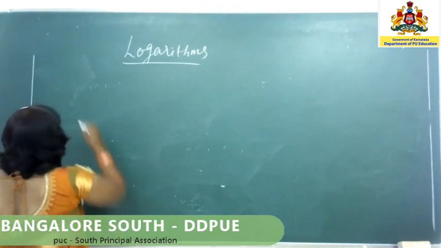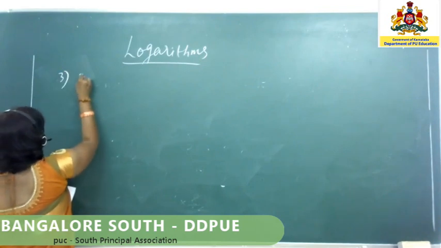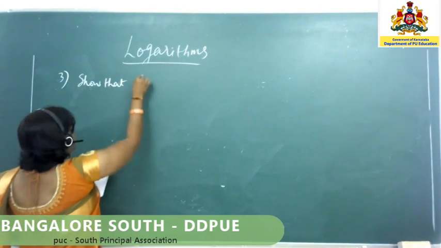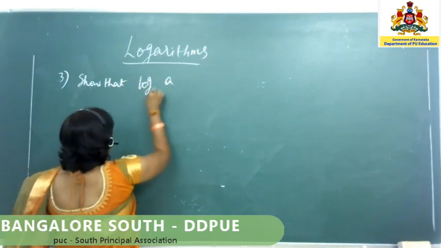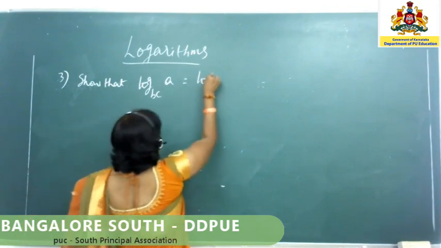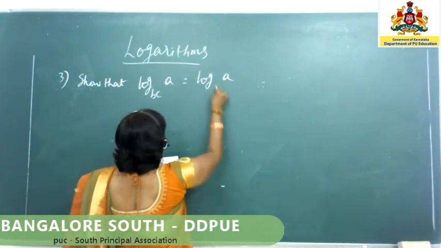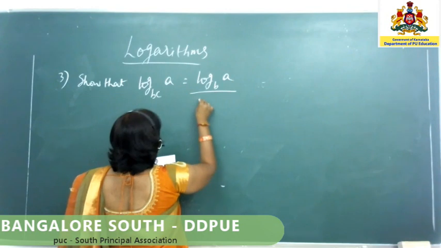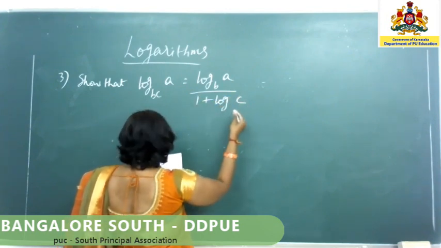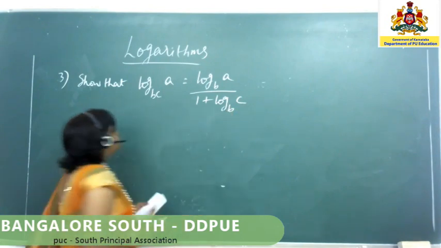So next sum, show that log a to base bc is equal to log a to base b divided by 1 plus log c to base b.